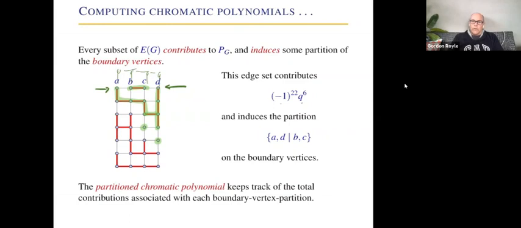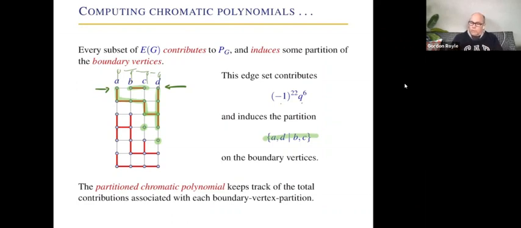What I want to do is I want to keep track of the total contribution associated with every boundary vertex partition. So all of the edge subsets that give me this particular boundary vertex partition, I'm just going to count them together and separate them from all the rest.